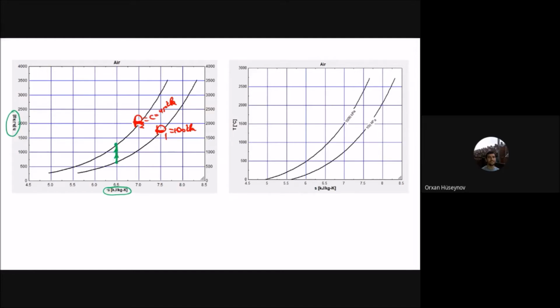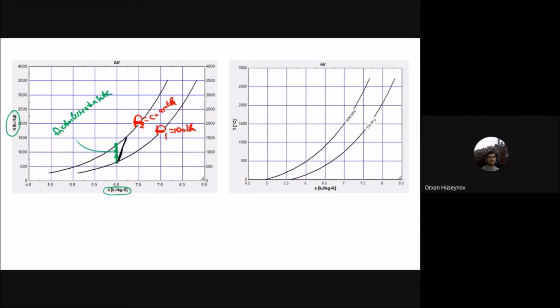Entropy is constant, but this one is the isentropic case, the frictionless and adiabatic case. But if it is not isentropic, if it is adiabatic, if it is real, then you will have a process something like this one.